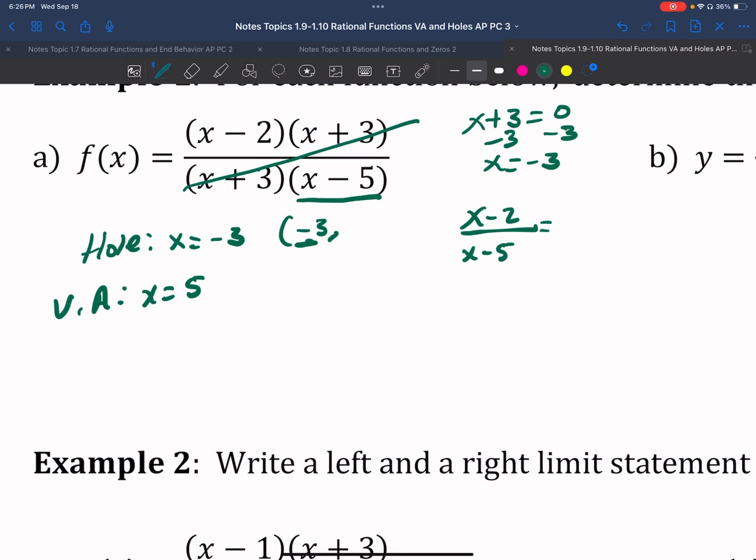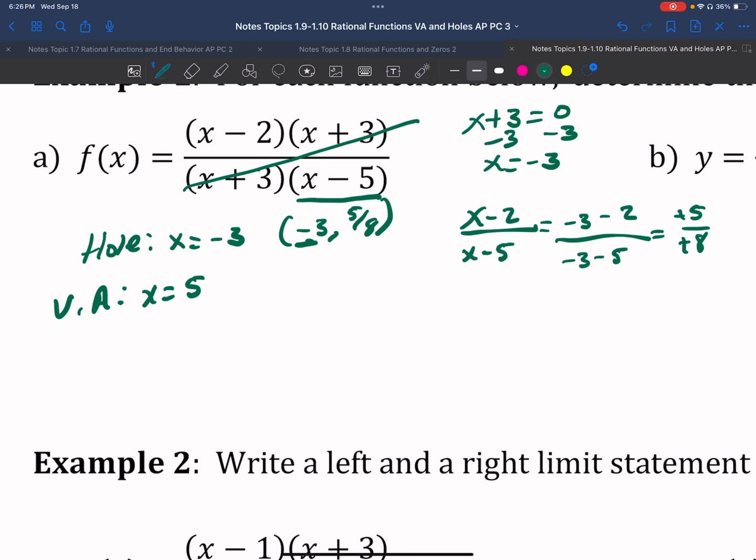So in this case, I'm going to plug in -3 minus 2 over -3 minus 5. -3 minus 2 will give me -5, and -3 minus 5 will give me -8. Remember, a negative divided by a negative will give me a positive. So the y value of the hole for this function will be 5/8.